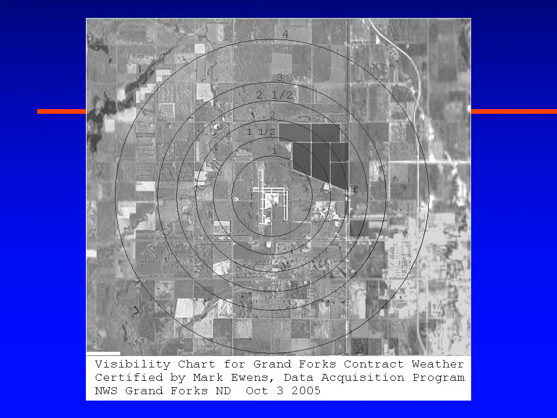Also you see the lovely lagoon to the northeast. And what these circles are, these are range rings that represent the distance from the weather observing site, which is very close to the center of the airport. And these numbers represent miles: 1 mile, 1 1/2, 2, 2 1/2, 3, and 4 away from the airport.